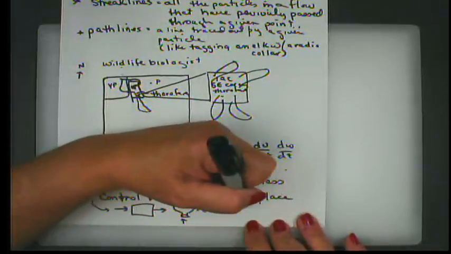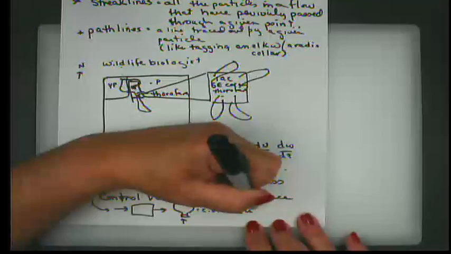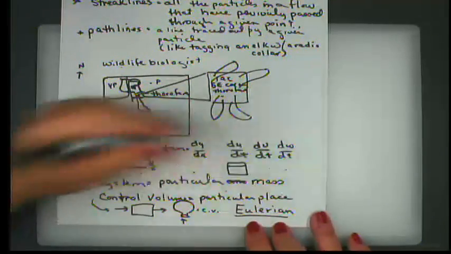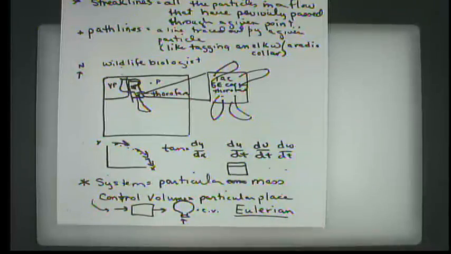But this type of view is more common in fluid analysis, and we refer to that as Eulerian. So when you're looking at a control volume or a particular place that a fluid moves through, then that is an Eulerian scheme of observing the fluid.